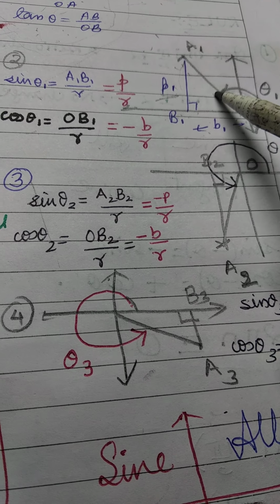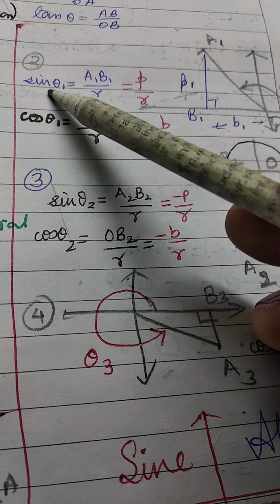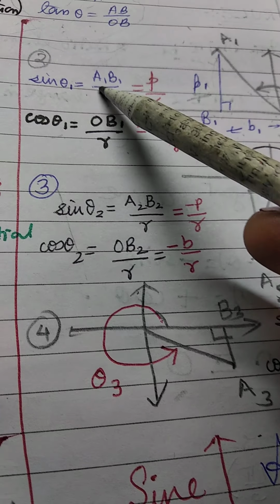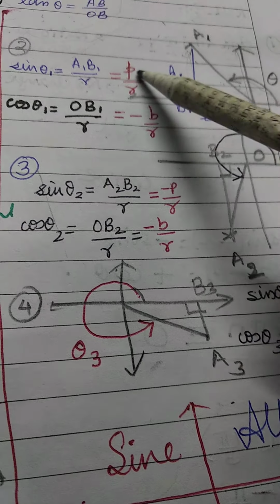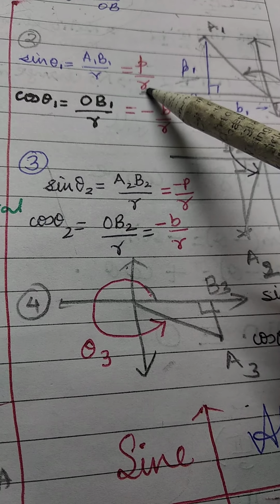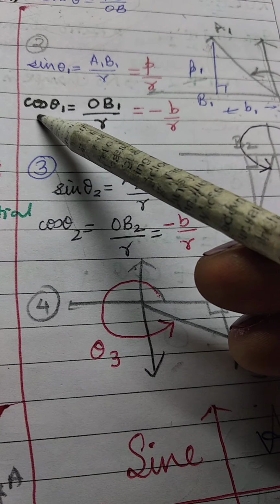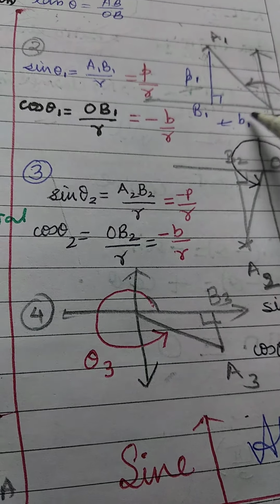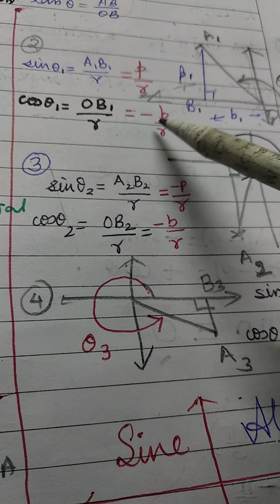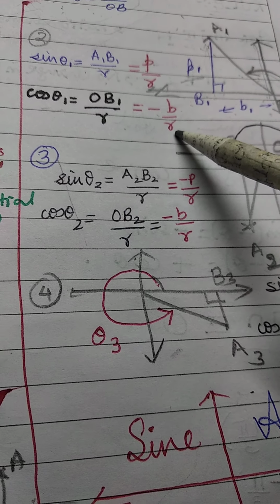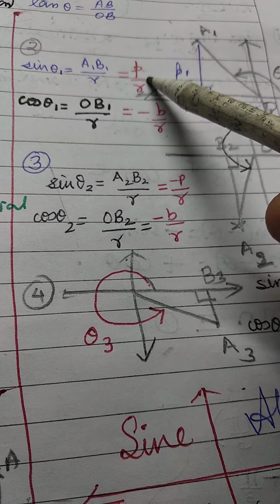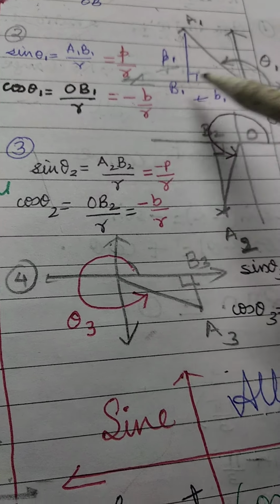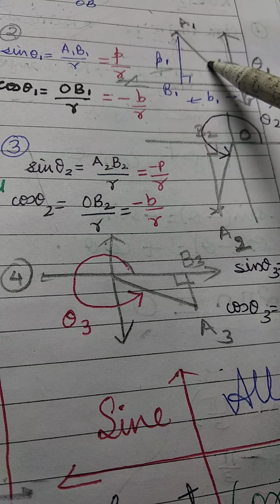So in this situation, the definition of the sine ratio does not change. It is perpendicular upon the hypotenuse. So this quantity A1B1 is measured in the positive y-axis direction, which is P upon R. The cosine ratio, which is OB1, is measured on the negative x-axis, so we take it as minus B upon R. So here we find that the ratios can be positive or negative depending upon the measure of the angle.